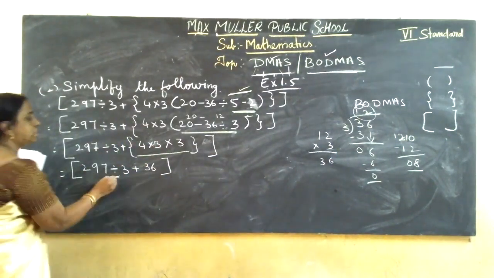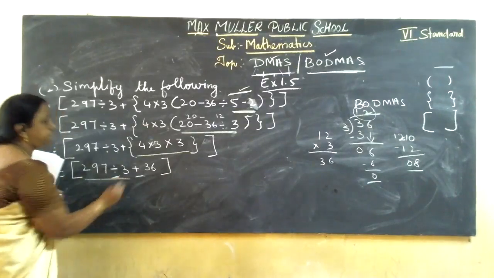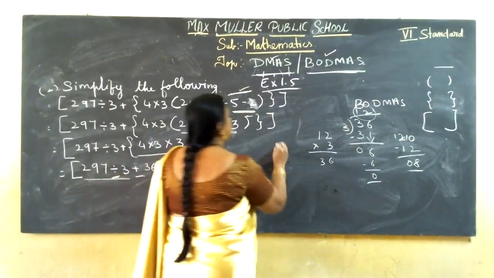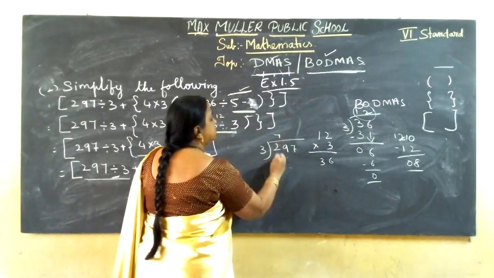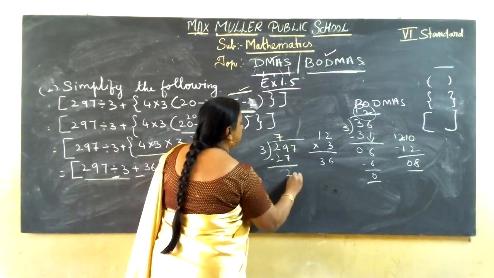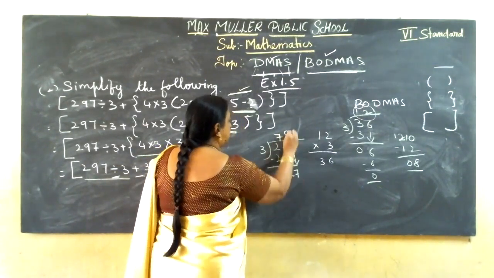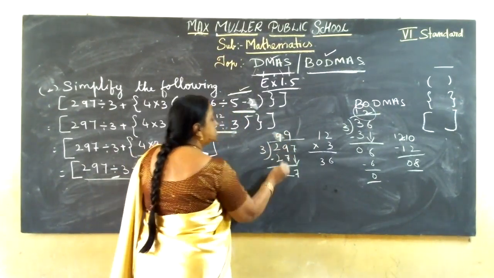Now solve this. Here division is there. Here addition. So first you solve division. 297 divided by 3. 3 9s are 27. Remaining 2, bring down 9. 27.